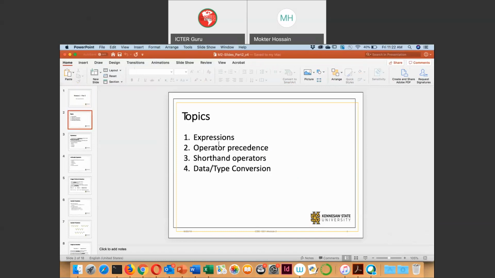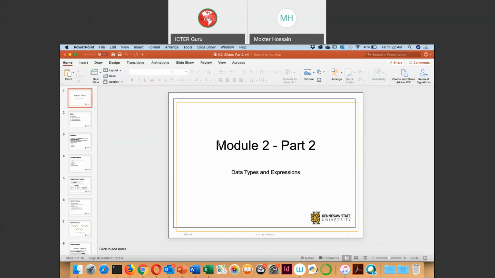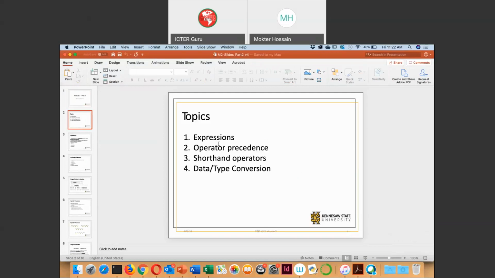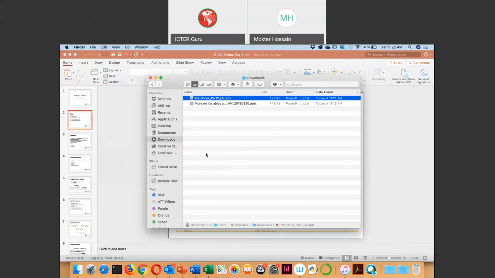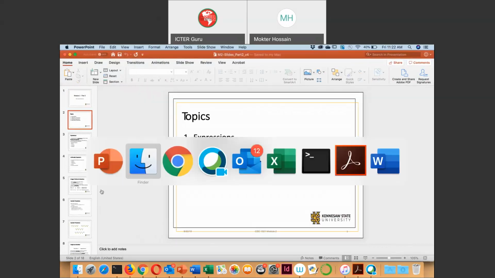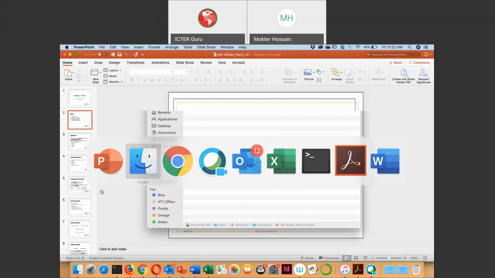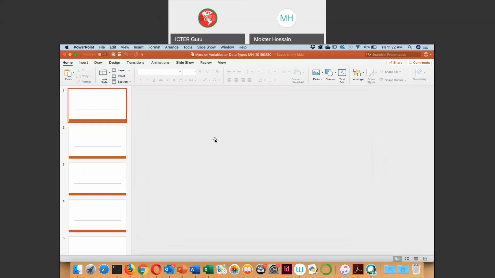We already discussed something about data types and expressions. Today we will discuss more in depth, but before I go with the official slides, I want to review something with my personal slides for more information about data types.